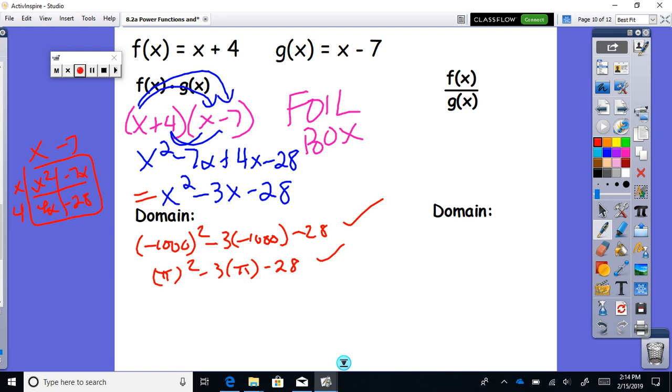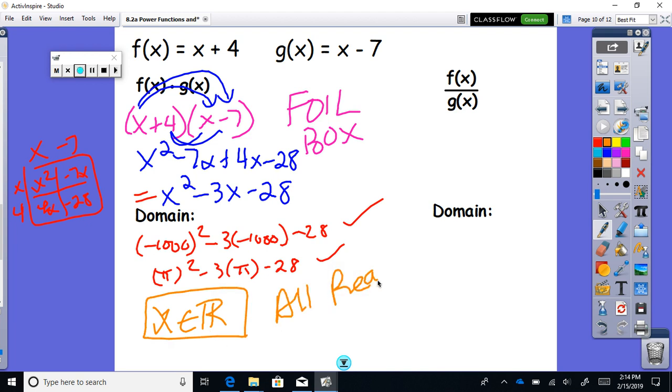So you can square any number you want, times it by 3, subtract 28 from it. So this one is all real numbers. x is an element of the real numbers. Remember, it can't have negatives under an even root, and you can't have 0 in the denominator. Those are the only two things that you need to check for. Otherwise, it's all real numbers.